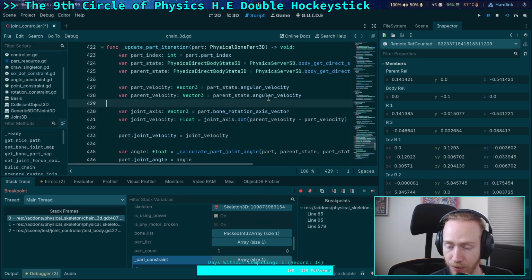I'll find out which one of these is doing wrong, because one of these is going to move it in a totally strange place, is what's going to happen.